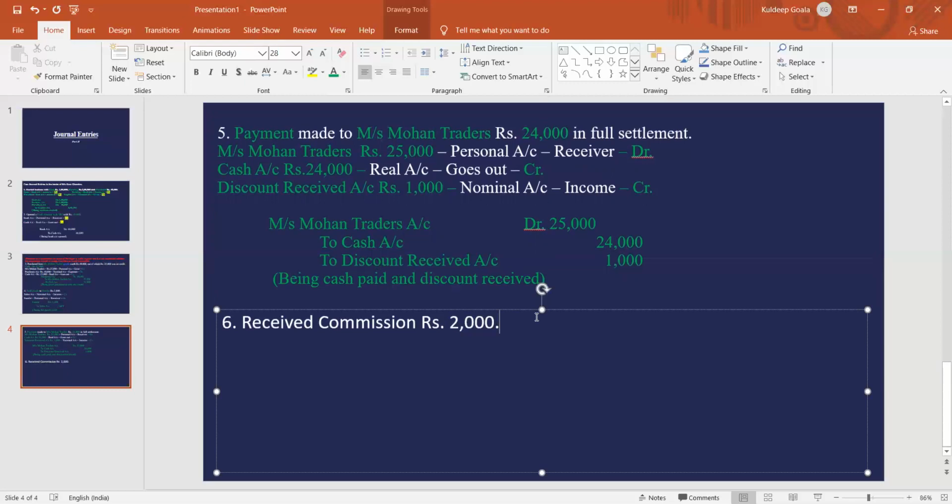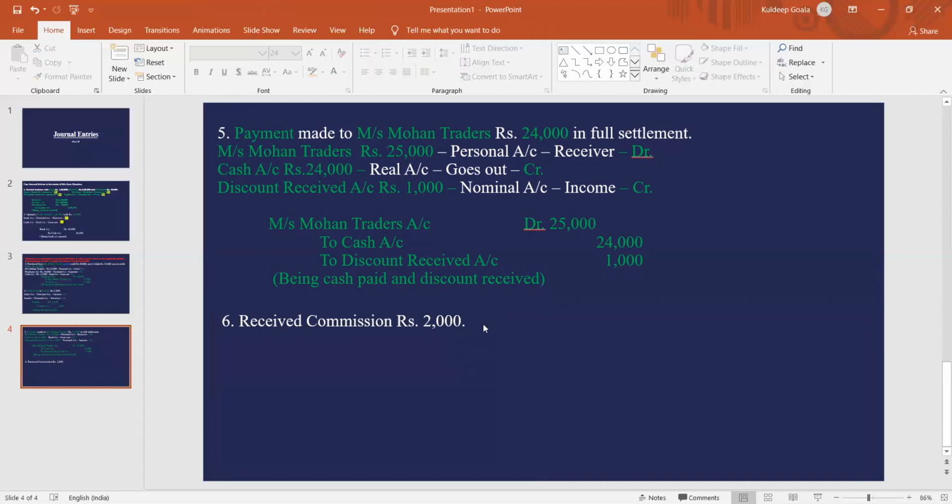Okay, now let's come to the last transaction of this session, that is received commission. So what is the meaning of received commission? Very simple. Commission received means I have done certain work for which I am going to receive a certain amount of return. Now what is the return I have received? Here it is commission.